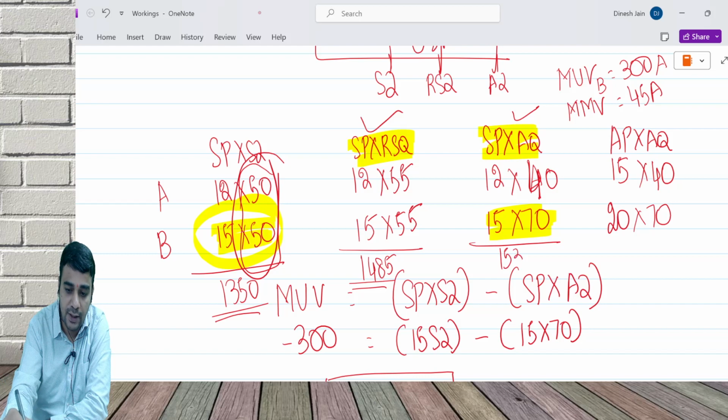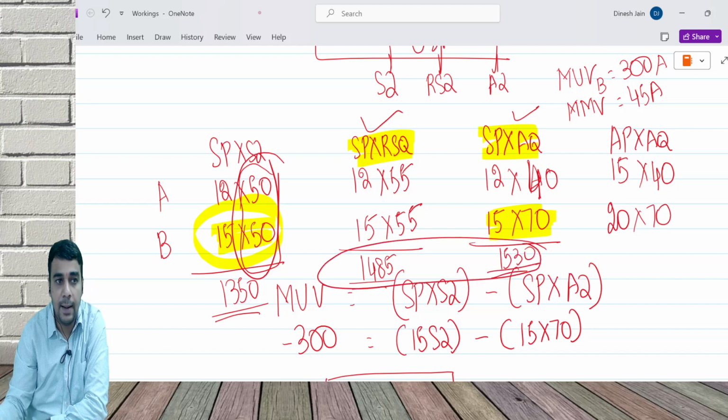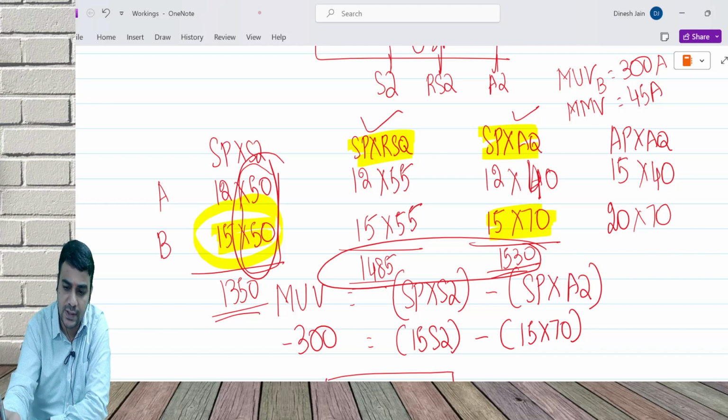And just a checkpoint at this stage, the gap between these two should be 45. The gap between these two should be 45 adverse. If you're not getting that, then you have done some calculation error in your computation of A. This is just a checkpoint. What was the last one? Sorry? 2000.